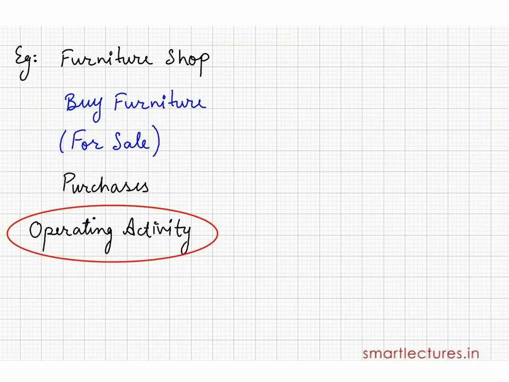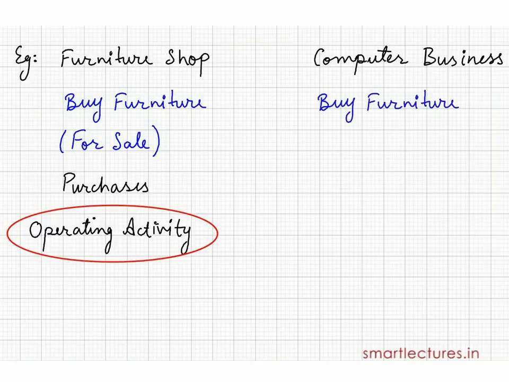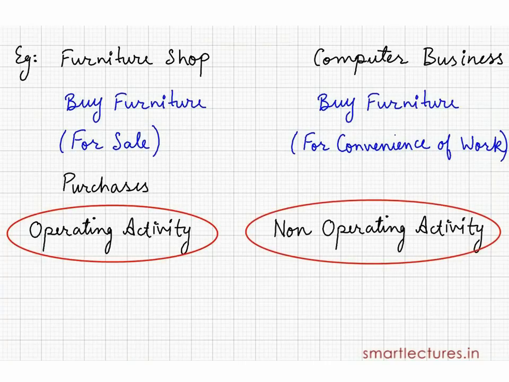That's an operating activity for you, because you are buying the furniture with the intention of making profit, not to use them. But if someone is running some computer business and he buys the furniture for the convenience of his work, that furniture will be a non-operating activity, because that is not purchases for him.